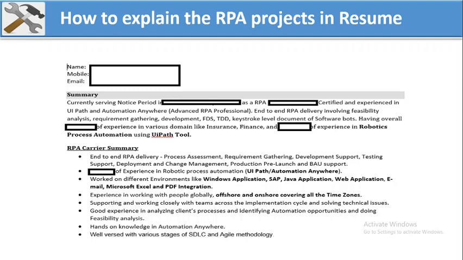Because first impression is always very important, and the first impression of any candidate is the resume. Before any candidate goes for the interview, the first thing the interviewer will have is the resume.